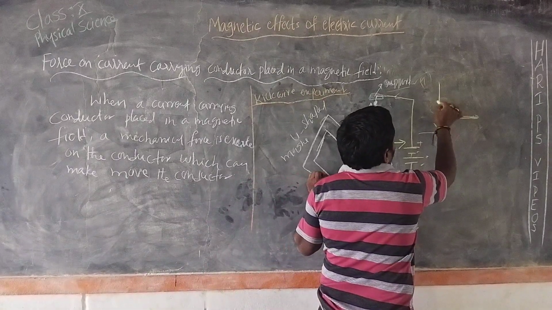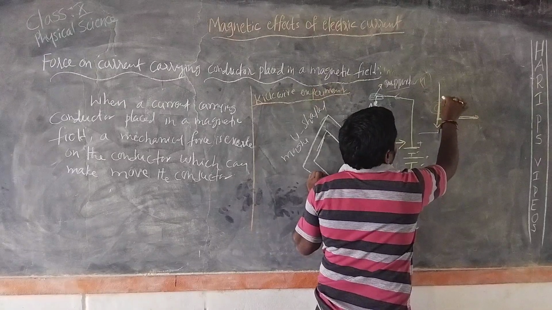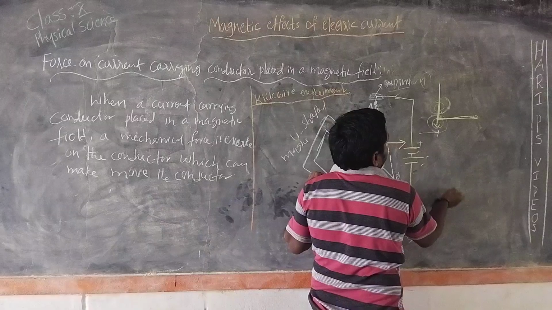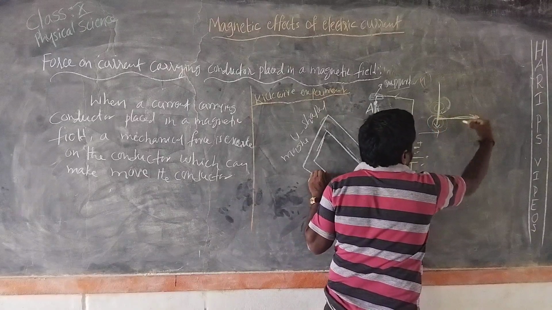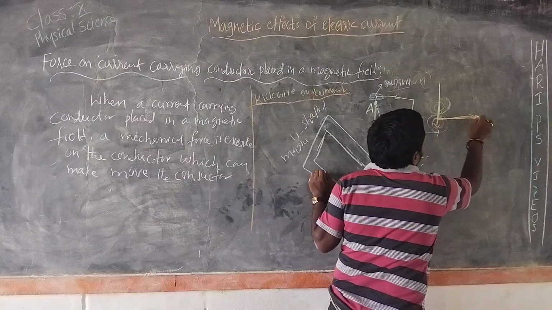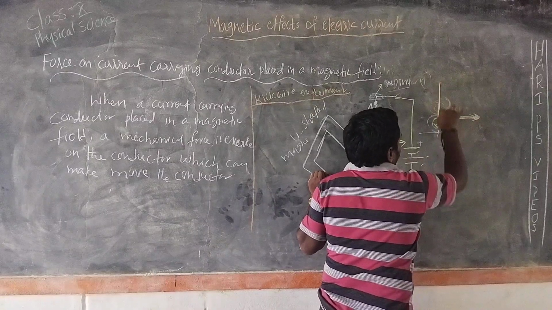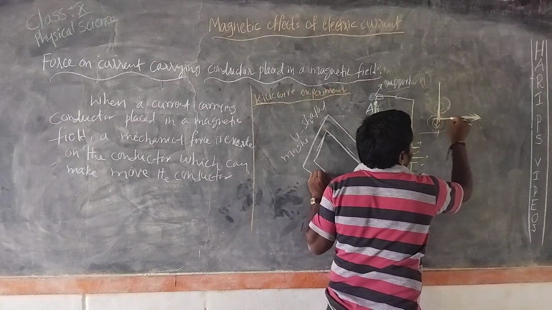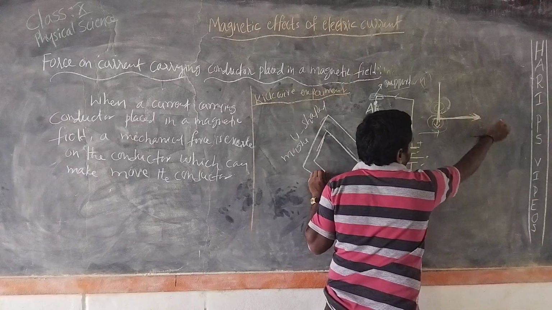So this is the direction of the magnetic field. The wire, or the current carrying conductor, moves perpendicularly. So this is the direction in which it moves.